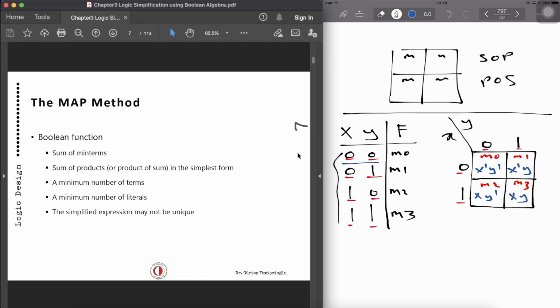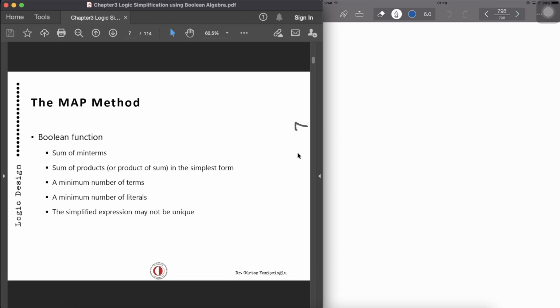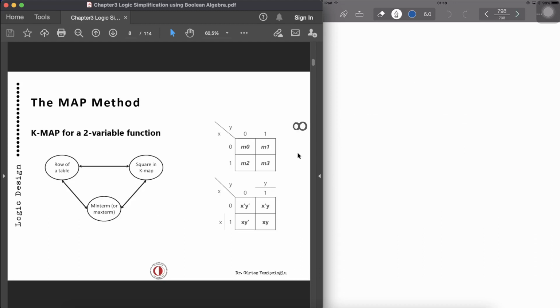Now, we are going to put those outputs into that map, and we will try to simplify it. So, for example, we have a truth table with x, y, f: 0 0, 0 1, 1 0, 1 1.